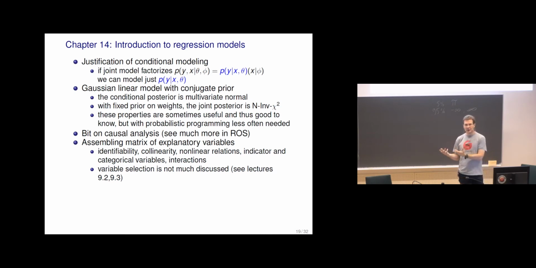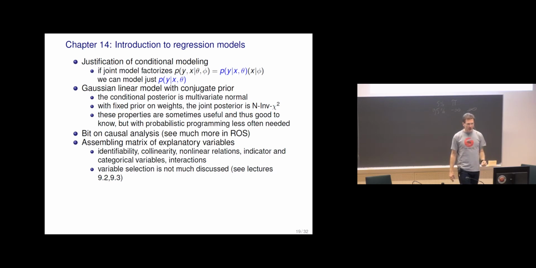Nonlinear relations: you could just make a nonlinear transformation of some covariate to get nonlinear relations, while the model is still linear with respect to parameters. Indicator variables and categorical variables can be included. Interactions, typically in linear models, are just multiplying things.